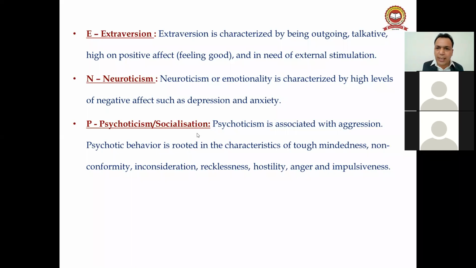Neuroticism, or emotionality, is characterized by high levels of negative affect, such as depression and anxiety. Eysenck has used these things. Personality differs because of inheritance. Psychoticism, in a simple way, is associated with aggression and psychotic behavior.